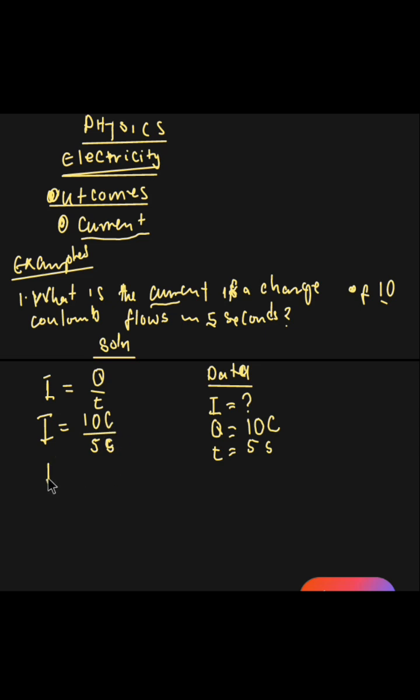If you have your calculator nearby, you can just calculate 10 divided by 5. You're going to realize that the answer that you have is 2 amps. Not forgetting the units for current, which is amps. So 2 amps is the correct answer there.